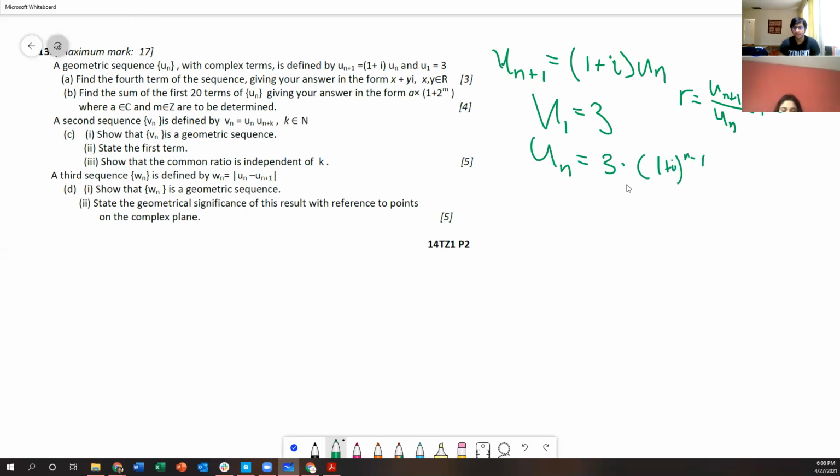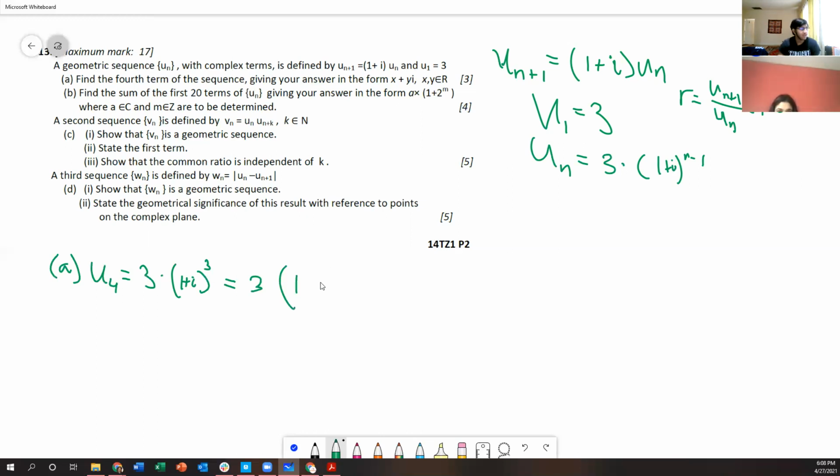This is how I like writing it, just so I have an explicit way to express that. Now, they're asking us to find the 4th term of the sequence. So we're trying to find u sub 4. That equals 3 times (1 plus i) to the 3rd power, because 4 minus 1 is 3. Now you just have to use the binomial theorem to expand this out.